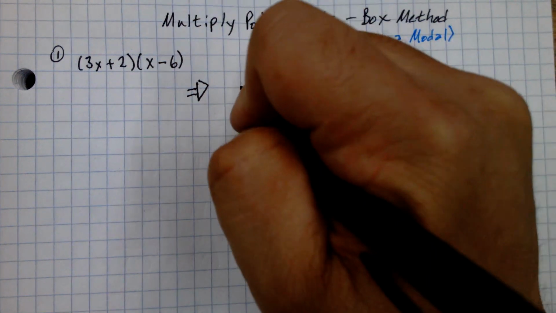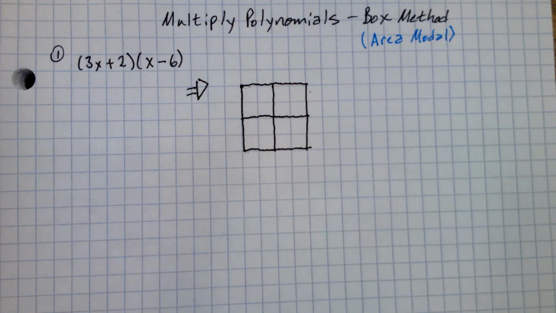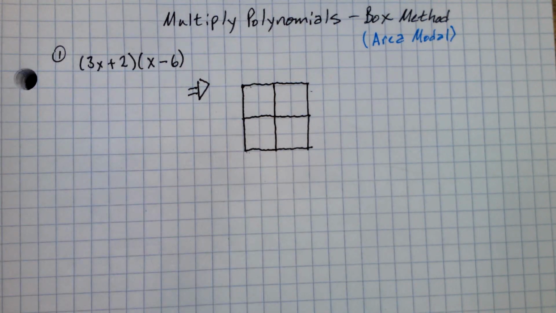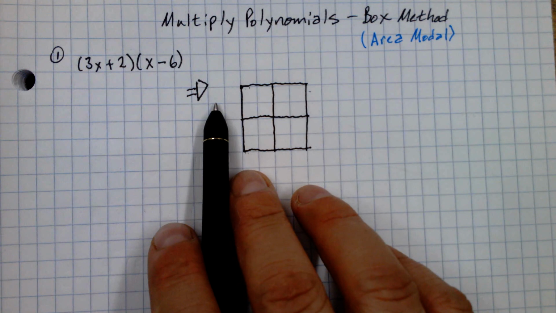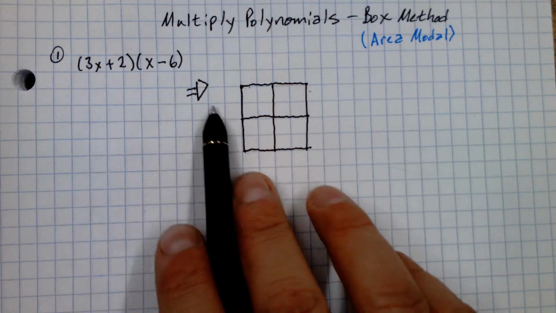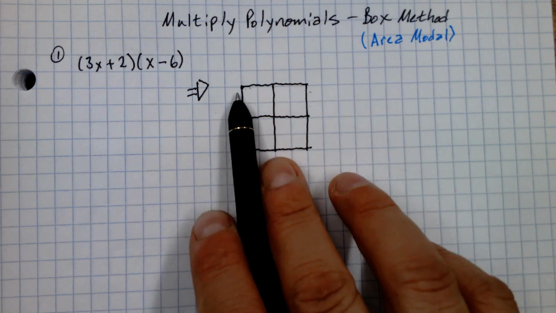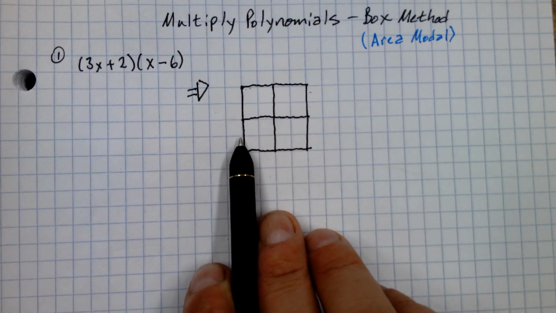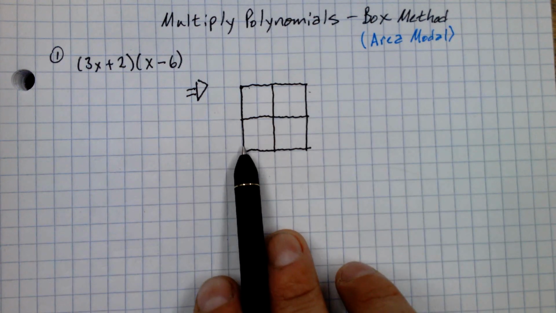And I'm going to make 2 rows and 2 columns. Okay. So this will lead to this. Since they both have the same length, it doesn't matter where you put either one. Usually you should put the longer one on top, and the one with fewer terms along the rows.